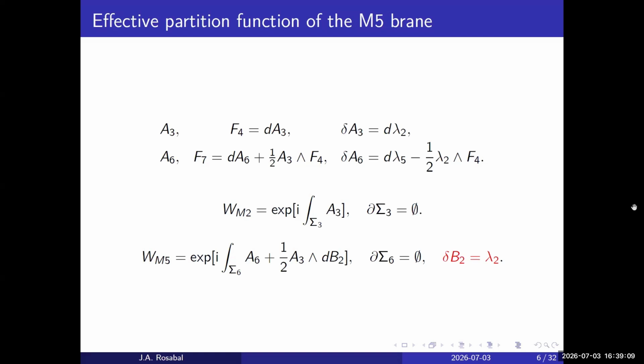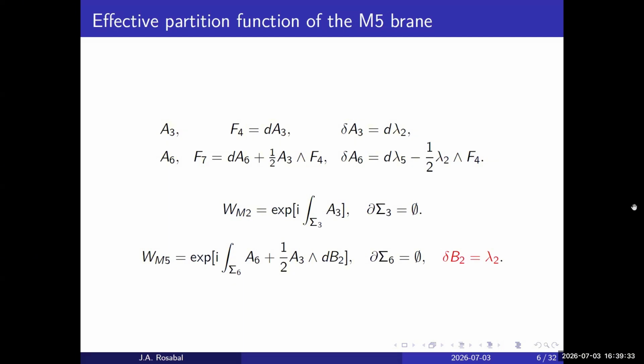Why? Because naively you may say, similar to the A3, the Wilson surface for the M5 brane will be just the integral of A6. However, if you see the gauge transformation of the A6, if you take only this field, this is not gauge invariant. This is why you need to introduce one more field.